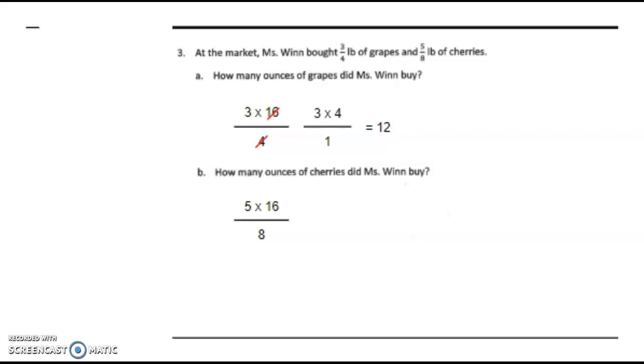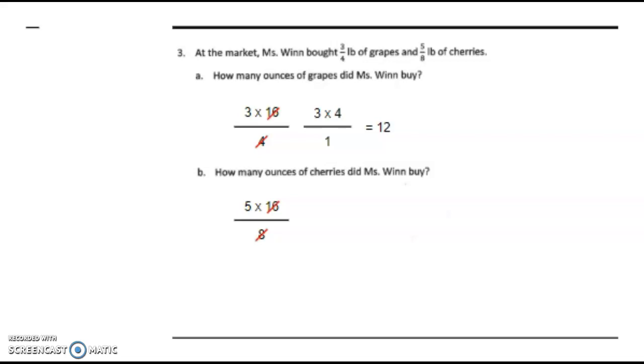So 5/8 pounds of cherries, we're going to multiply 5 times 16 divided by 8. Again, I don't want to do 5 times 16 first because that's a lot of math to do in the morning. Which means I'm going to take the 16 away, take 8 away, and find a factor of 8 that I can multiply together to get to 16.